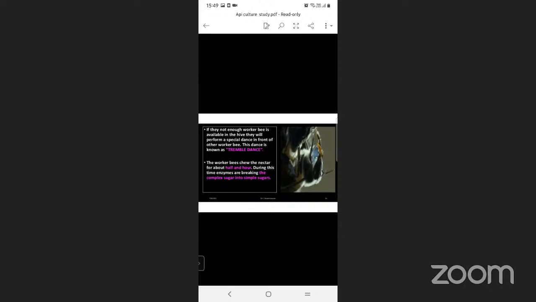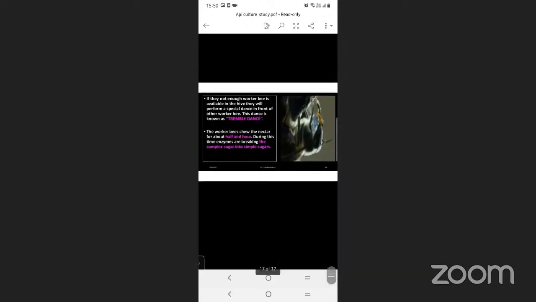If they don't meet and mate, they'll die. The lifespan of drones is very less. And they also develop by parthenogenesis, without any fertilization. These are all the points regarding the drones we have to write.